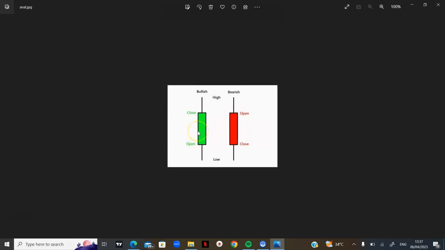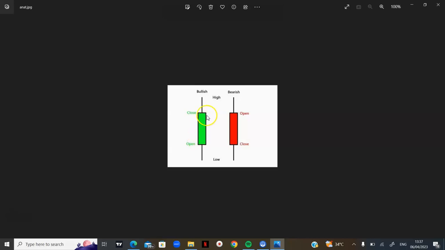So now, why is this candle bullish and why is this bearish? Why is this candle a green candle and why is this a red candle? Let's talk about that. This candle is a green candle because it is bullish. It signifies the movement of the price from the low part to the upper part. So now this candle is such that the price opened here. I said every candlestick works with the time frame.